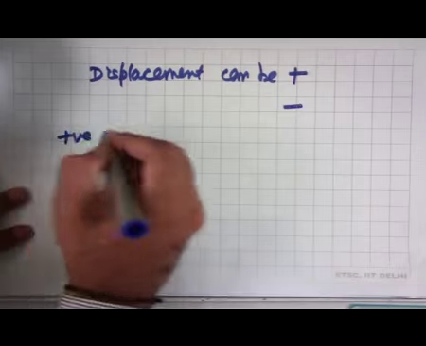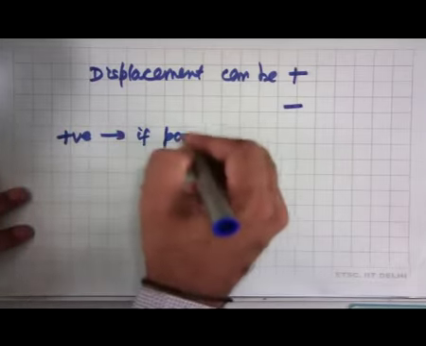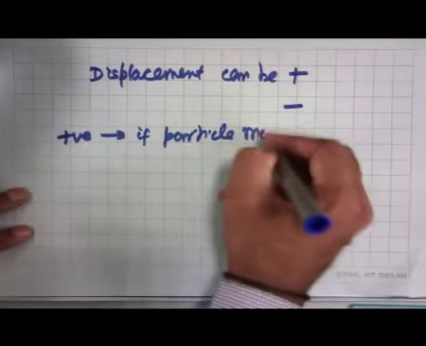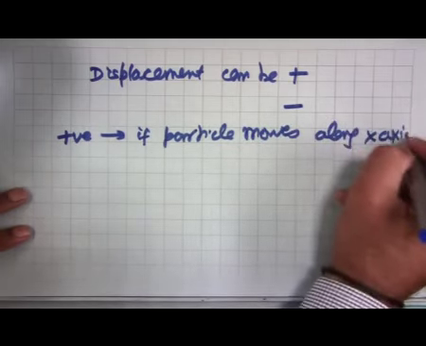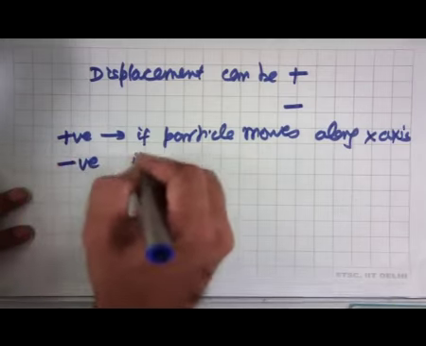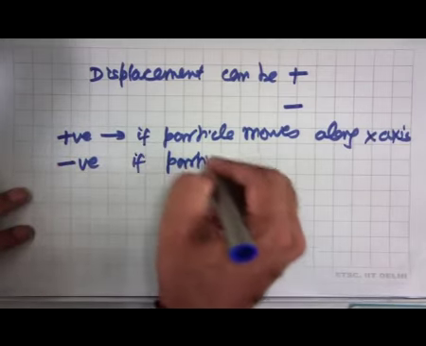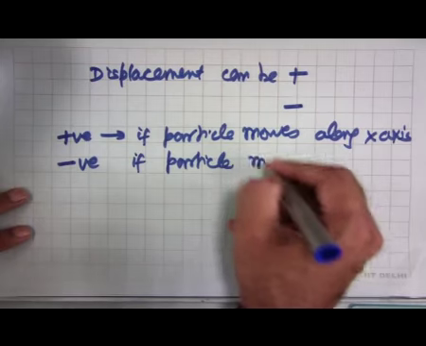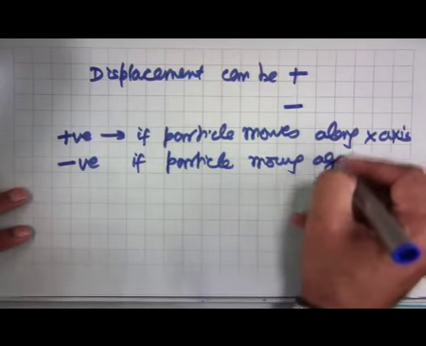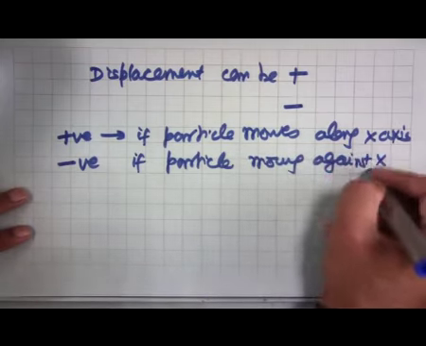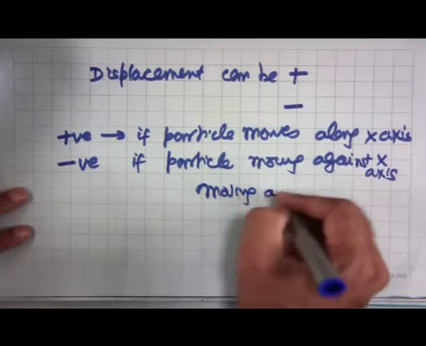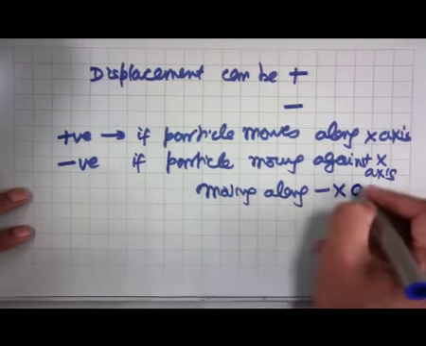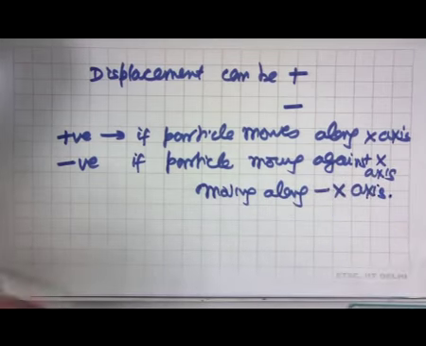It is positive if the particle moves along the x axis, and it is negative if the particle is moving against the x axis, or as we would say, along the minus x axis. If it is moving in the minus x direction, then we say this is displacement.